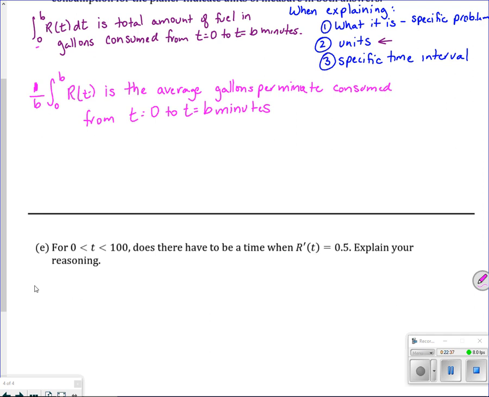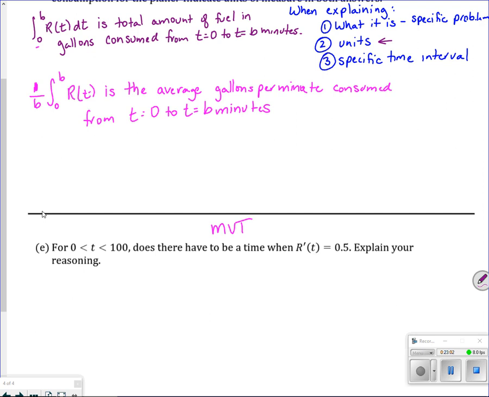You have R of T, and it's asking for, prove to me that the derivative has to be this particular value. What should you be thinking of? Oh, I hope that you're thinking of the MVT. They throw those theorems in there. So you have to ask yourself, does the MVT apply?